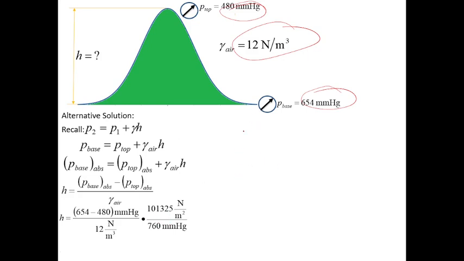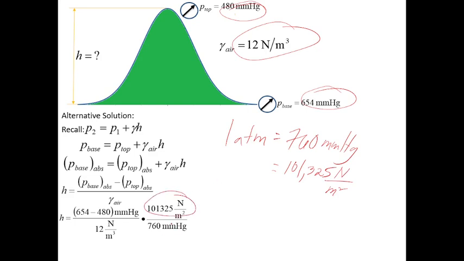Recall the conversion that 1 atmosphere is equal to 760 millimeters of mercury, which is also equal to 101,325 Pascal. And that is Newton per square meter. That's why we have this conversion.